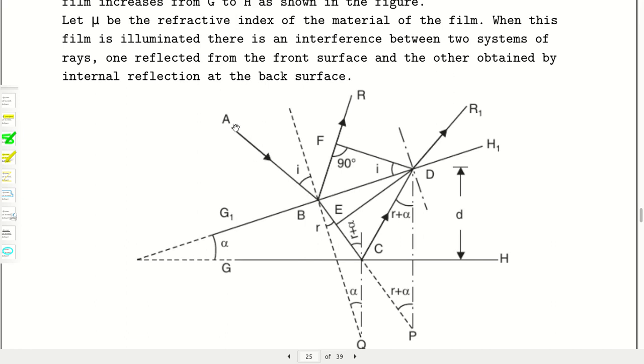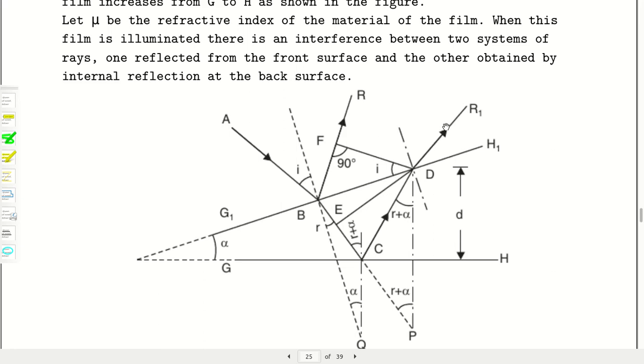The incident wave is AB, the reflected wave is BR, and the transmitted wave is BC, which is again reflected by the lower surface CD, and then transmitted as DR1. Then they will interfere in some region. You will use a lens to focus them, to interfere them in your field of vision. So we are going to study the interference pattern originating from BR and DR1.